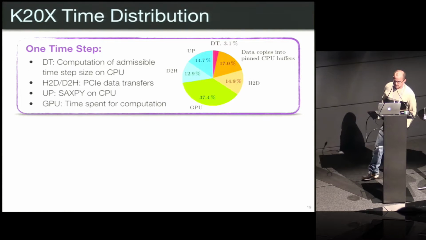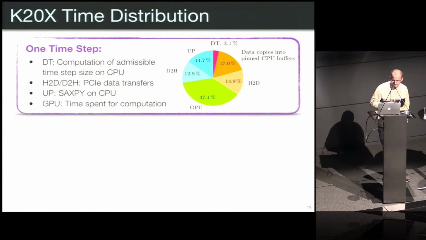Here we show the time distribution we obtain for one time step. Here dt denotes the computation of the admissible time step for the current step. Then the 17% corresponds to the data copies of each segment into the pinned memory buffers. H to D and D to H correspond to the data copies to the GPU and from the GPU.